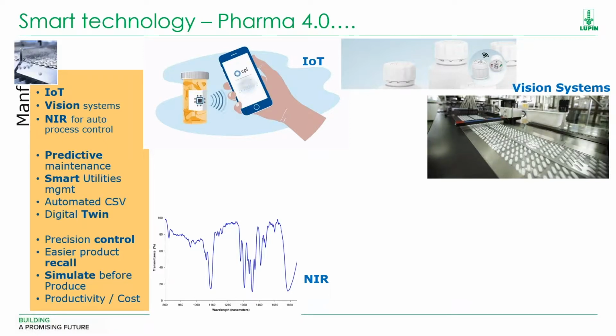But if you can have NIR probes in the line itself, in the mix itself, then you are able to get the real-time data, which will help you decide whether the batch can be stopped or not. So probably the prescribed time might be 6 hours, but then the NIR data shows maybe it is ready half an hour earlier, or maybe it needs another half an hour of mixing to get that consistent quality. So there are a lot of use cases like that which can be leveraged using NIR.